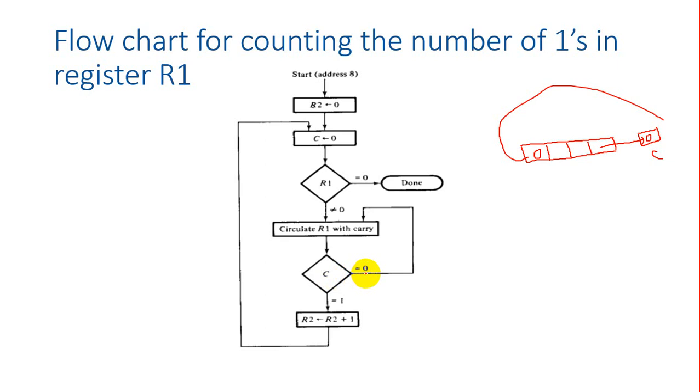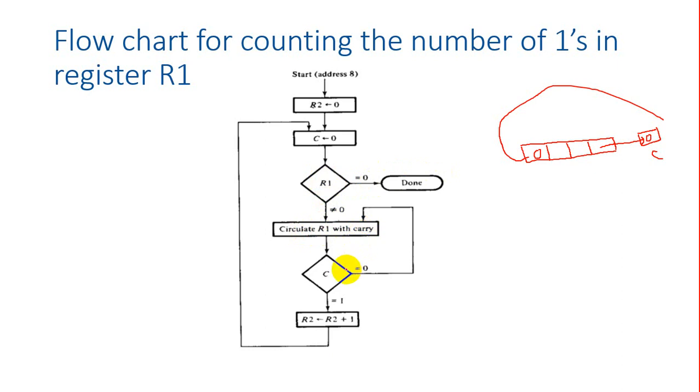If the carry bit is 0, then keep on circulating. If the carry bit is equal to 1, then increment R2 by 1 to hold the count. Clear? After incrementing R2 by 1, again we clear the carry bit, and we check if R1 is 0 or not. If R1 is 0, then the job is done. If R1 is not 0, then again circulate R1 with the carry.